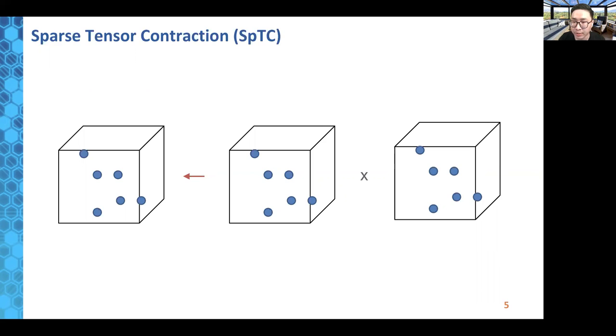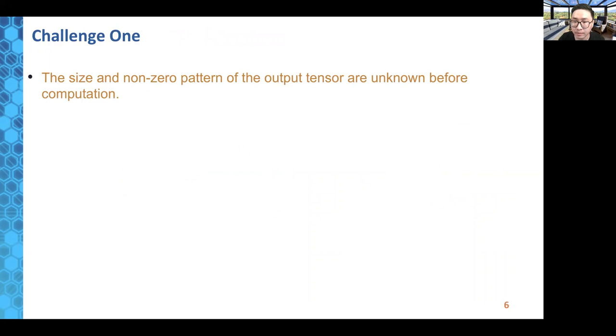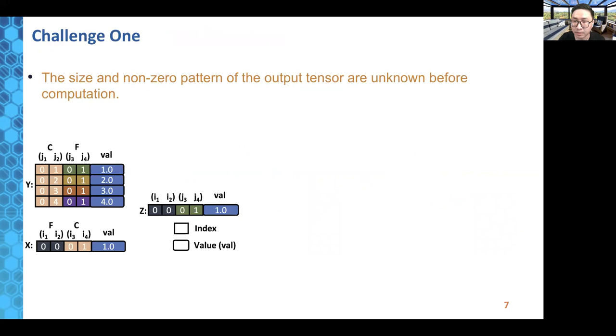However, efficiently computing sparse tensor contraction has three challenges. The first challenge is that the size and the non-zero pattern of the output tensor are unknown before the computation. In this example, a square refers to the index and a round rectangle refers to the value. We have inputs X and Y, which are four-order tensors.